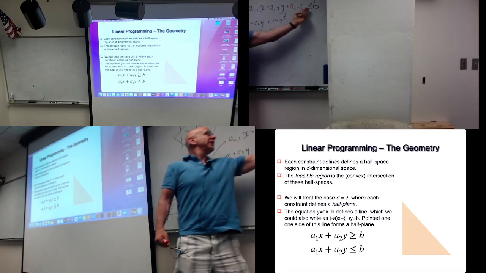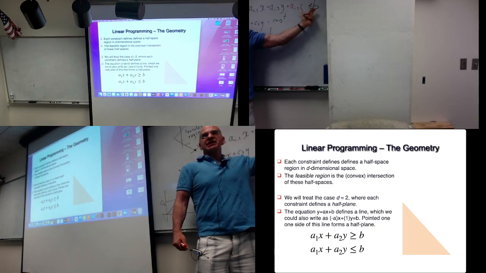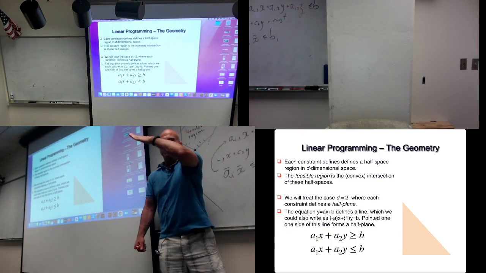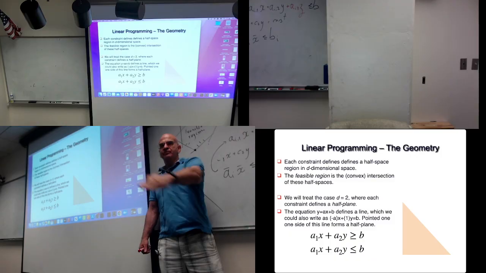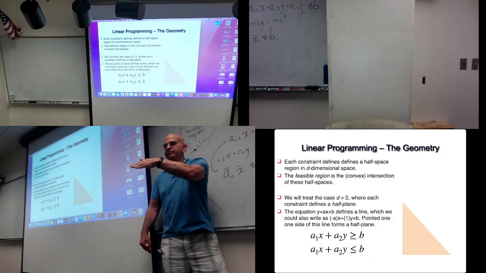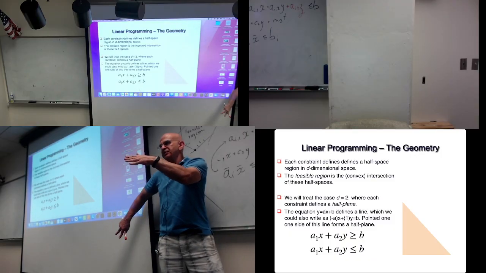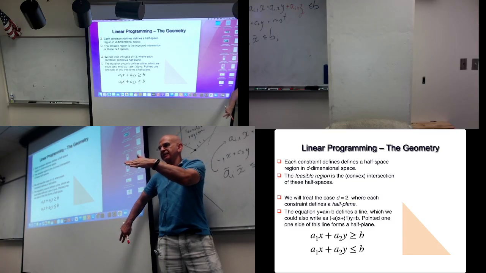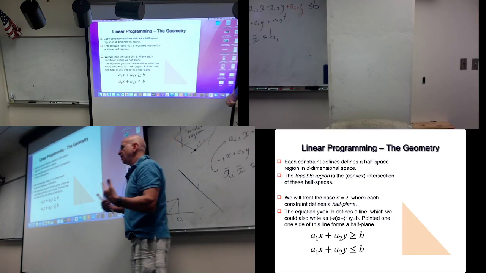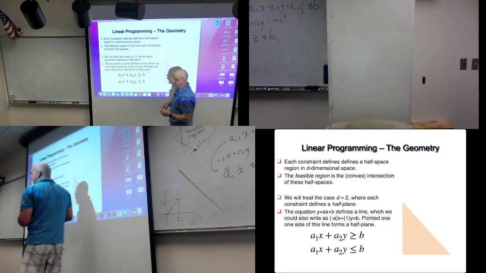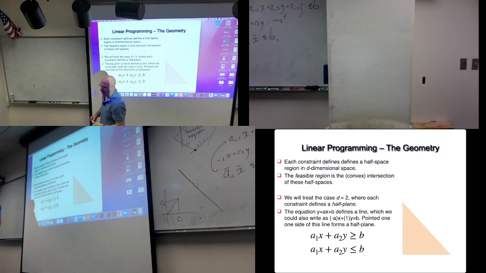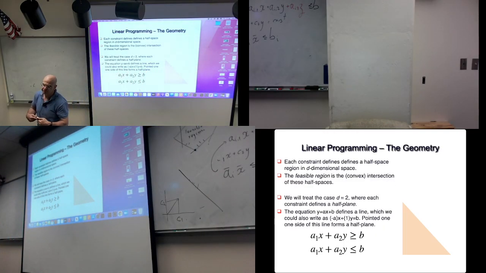That is, if I'm changing it with an equal sign instead of smaller or equal, then I'm getting some plane in 3D. And the half space is all the points on one side of this plane. In 4 dimensions, I have hyperplanes or hyperspaces, but so as not to make it even harder to pronounce, we'll still call them half spaces.